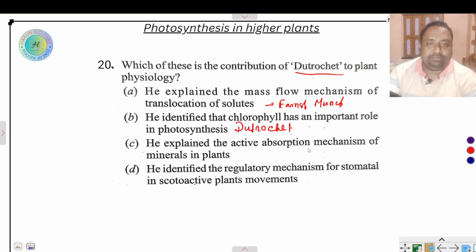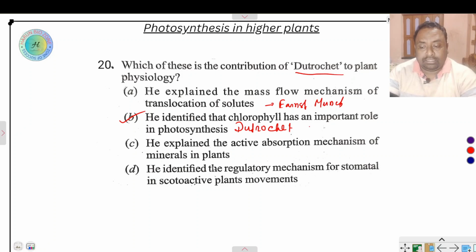He explained the active absorption mechanism of minerals. This is the right option. Here it represents that the plant absorbs minerals from soil by the proton gradient cytochrome pump theory.